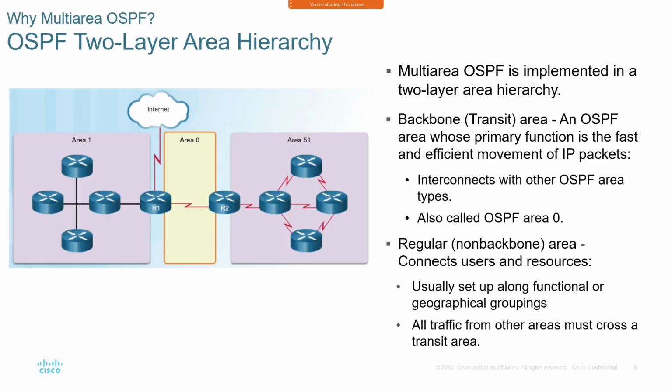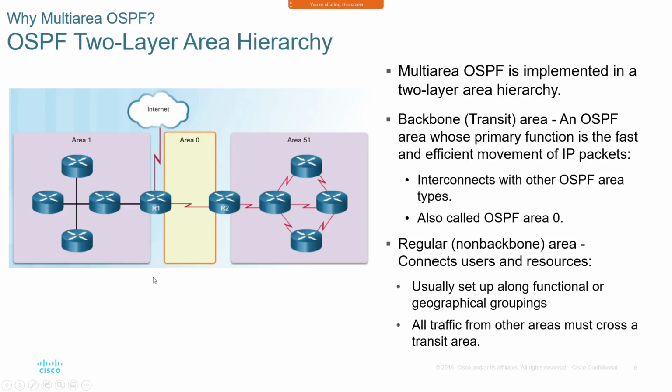There's also one more term that we need to learn, which is the autonomous system border router. The autonomous system border router is the OSPF router that connects our network to something else, for example, the internet. So this router will actually learn routes through the internet as well, and we'll have to go out of the internet interface as well.